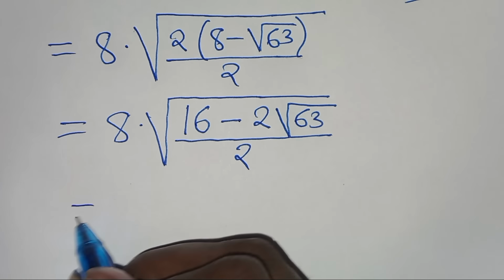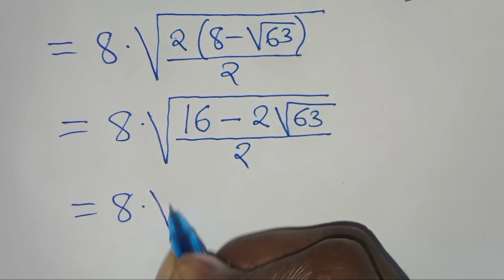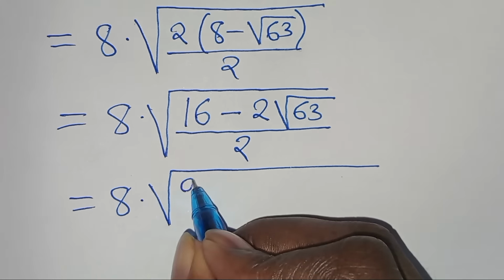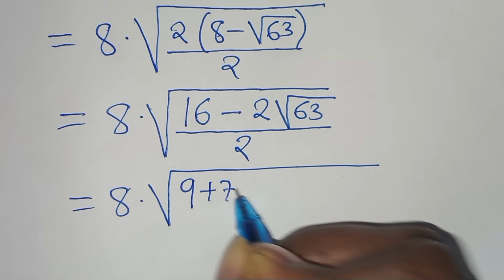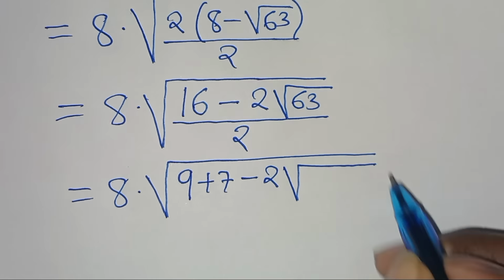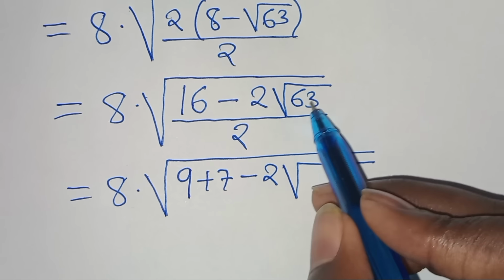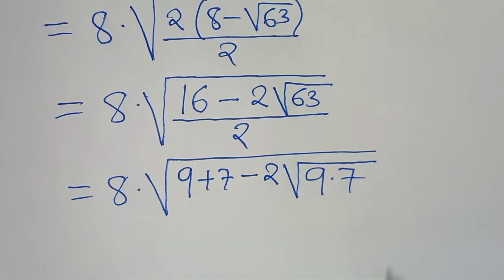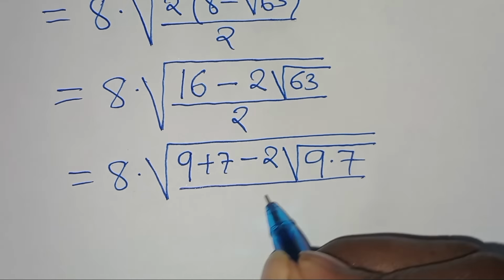Now, the next step: we have 8 multiplied by square root of, and we can express 16 as 9 plus 7, subtract 2 multiplied by the square root of 63. We can express 63 as 9 multiplied by 7. Then everything is divided by 2.